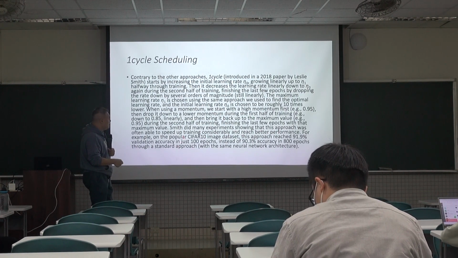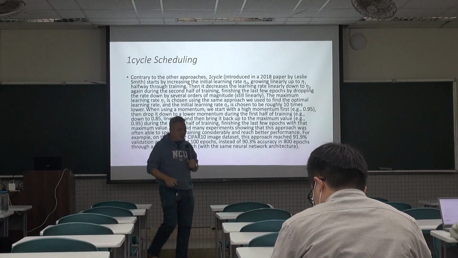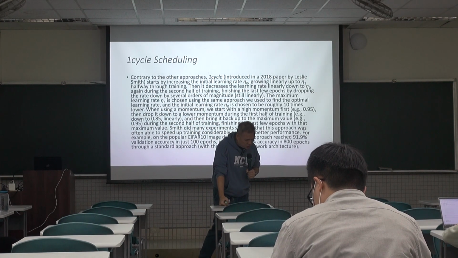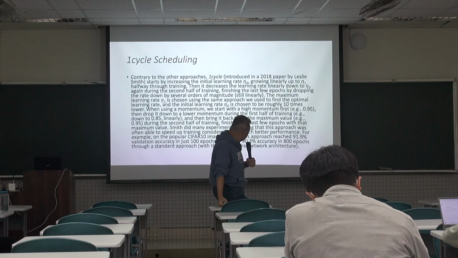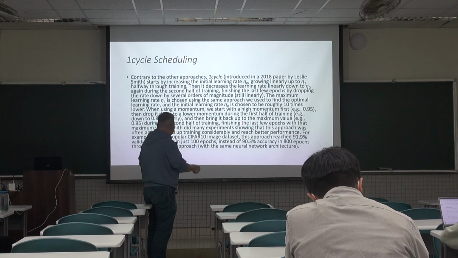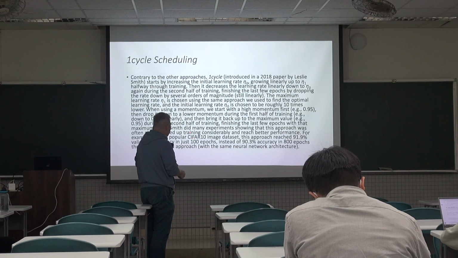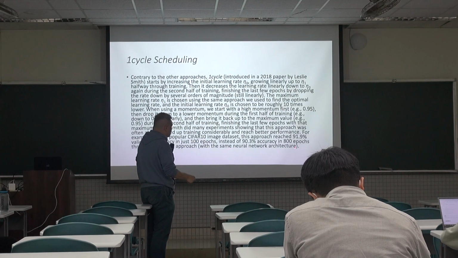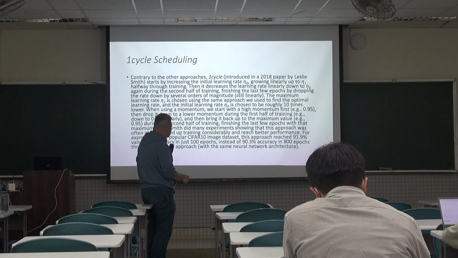For example, on the CIFAR-10 image data set, which is one famous image data set used for a competition, this one cycle scheduling reaches 91.9% validation accuracy in just 100 epochs. But if you use a standard approach, it requires 800 epochs, and the accuracy is only 90.3%.